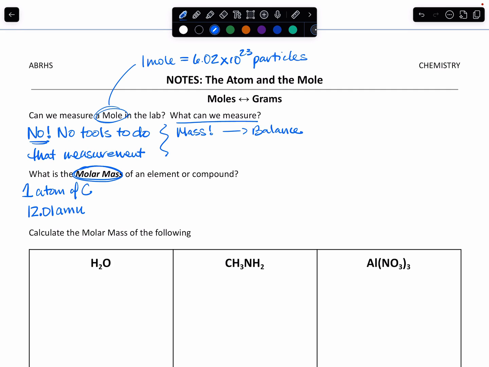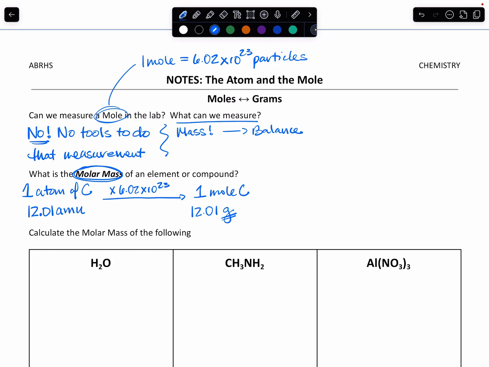But instead we can scale that up. If we multiply that one atom by Avogadro's number, so we multiply this by 6.02 times 10 to the 23rd, then what we have is 1 mole's worth of carbon atoms. And what we find is the mass of that mole's worth is 12.01 grams.